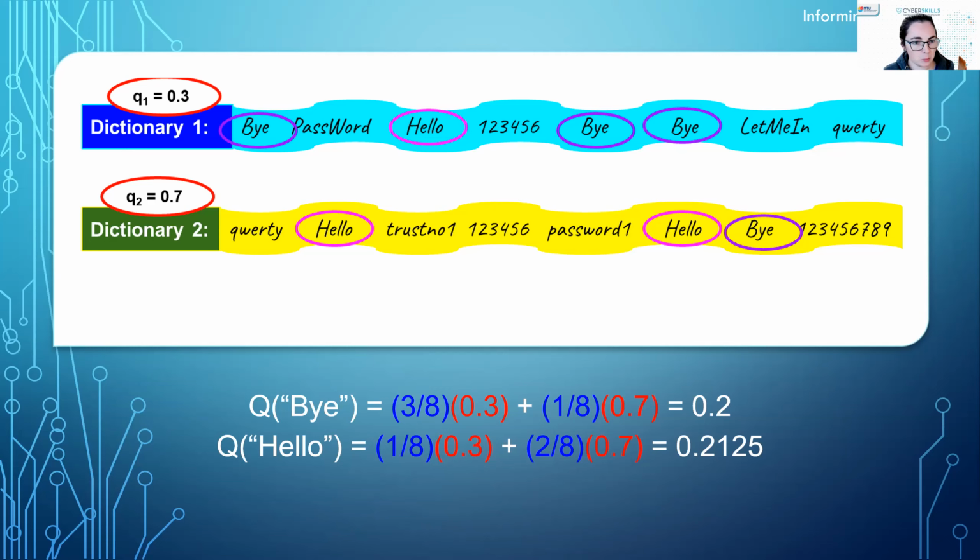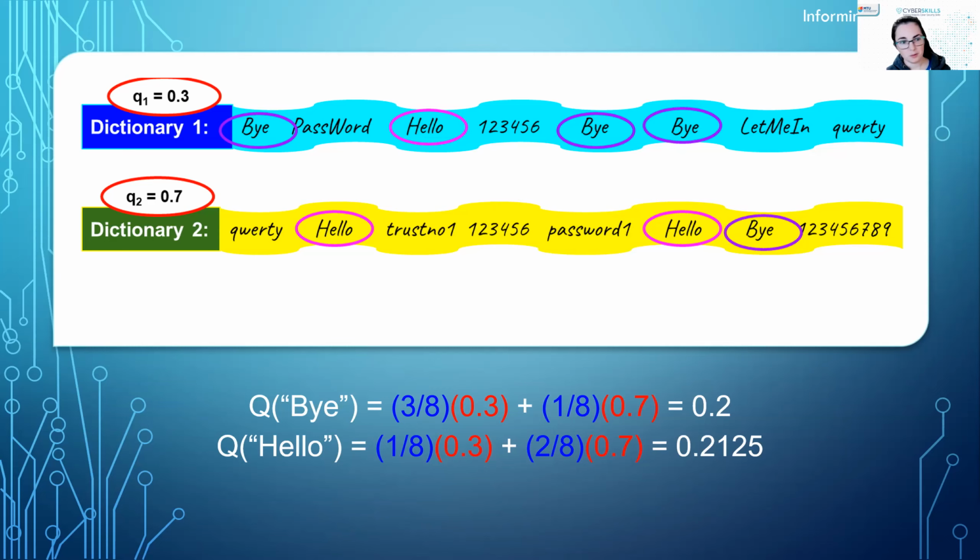The word "by" appears once in dictionary 2, so that's 1 out of the 8 words, and that dictionary has a weighting of 0.7. And that gives me this Q value, or Q score, for the word "by". And that's 0.2. And then I can do the exact same thing for all the other words.